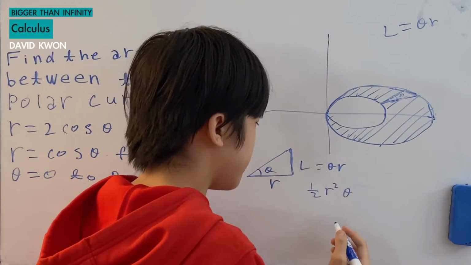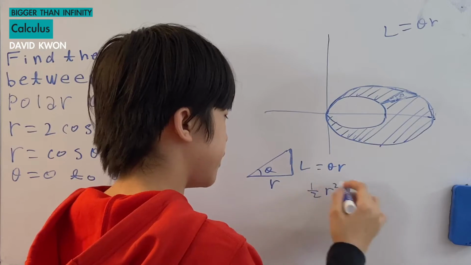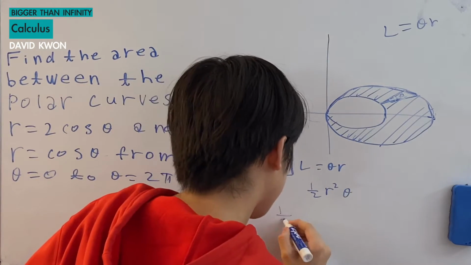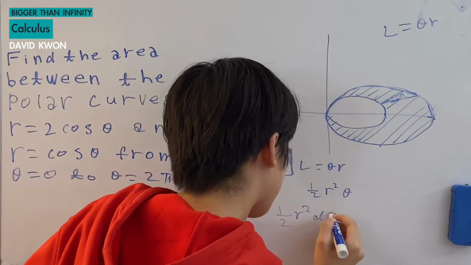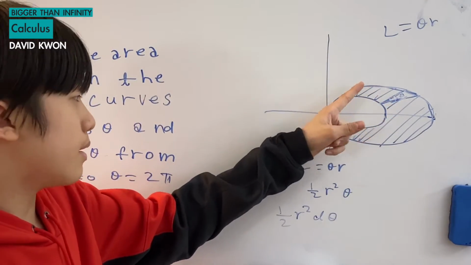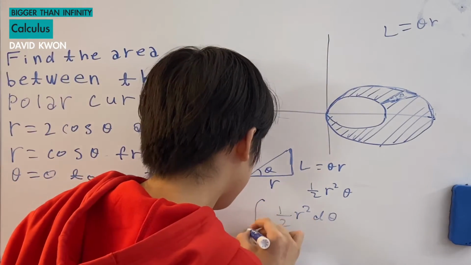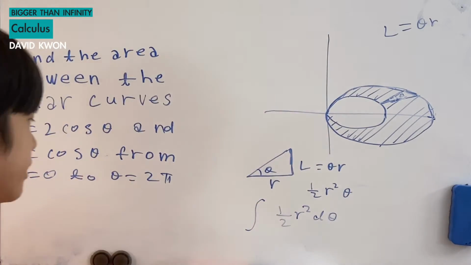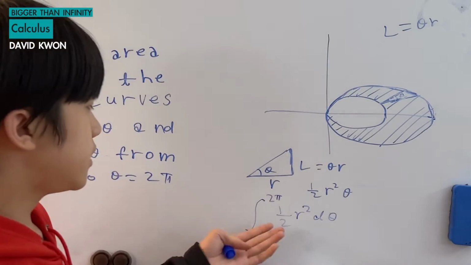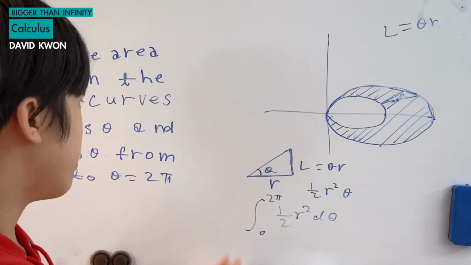It is d theta, so we differentiate it, a changing angle. By how much? The integral from 0 to 2 pi. So this is our actual equation that we'll solve.